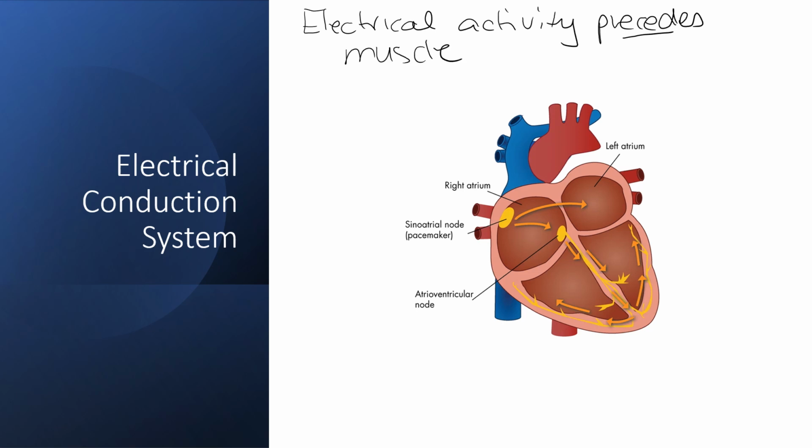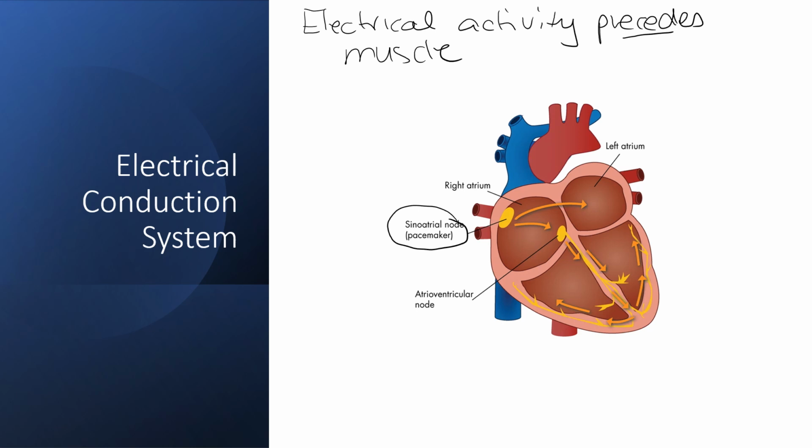So some parts or components of this electrical conduction system: you start out with the SA node, and it is located in the right atrium of the heart. The SA node, or the sinoatrial node, and if you see in brackets, it says it is the pacemaker of the heart. So some of you, while in clinical, might have seen a little device on your patient's chest, located in the right upper area of the chest.